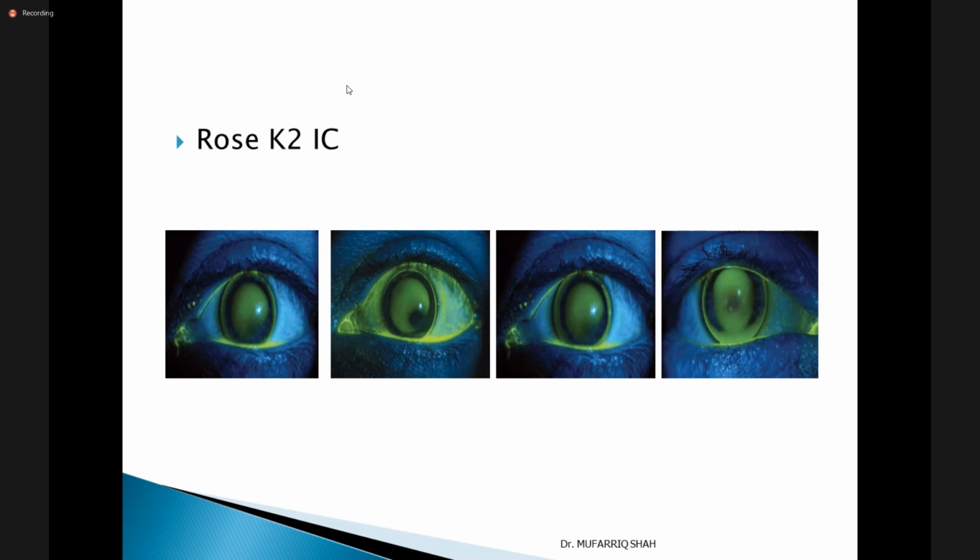And if you see this, the central pooling is a bit greater, but if you see the lens is almost 0.1 millimeter less than the cornea in the diameter. Why? What do you think?